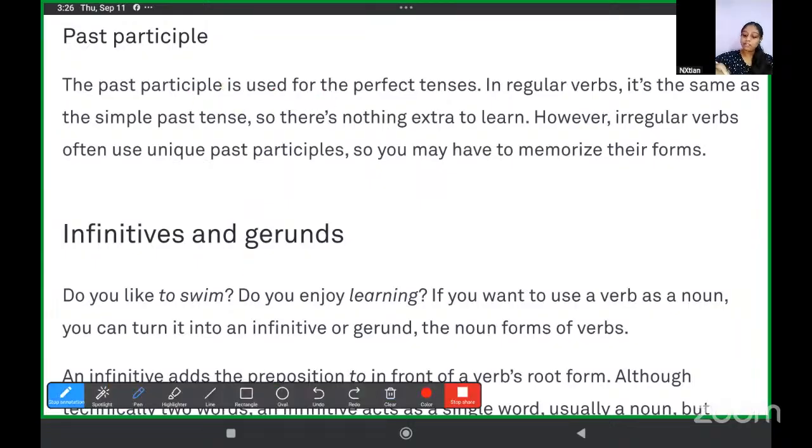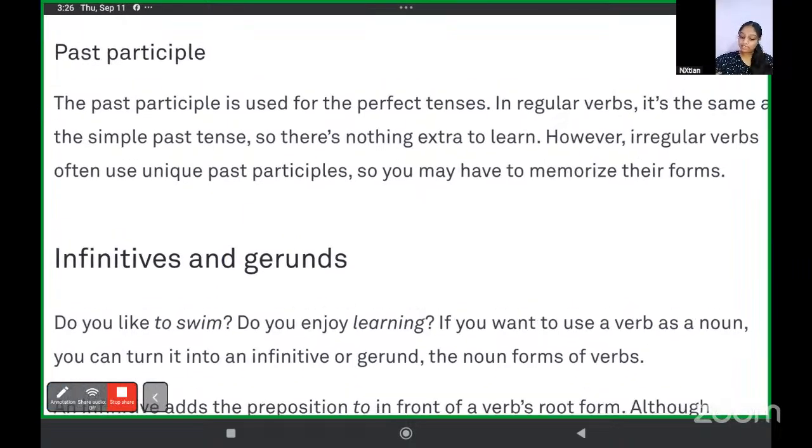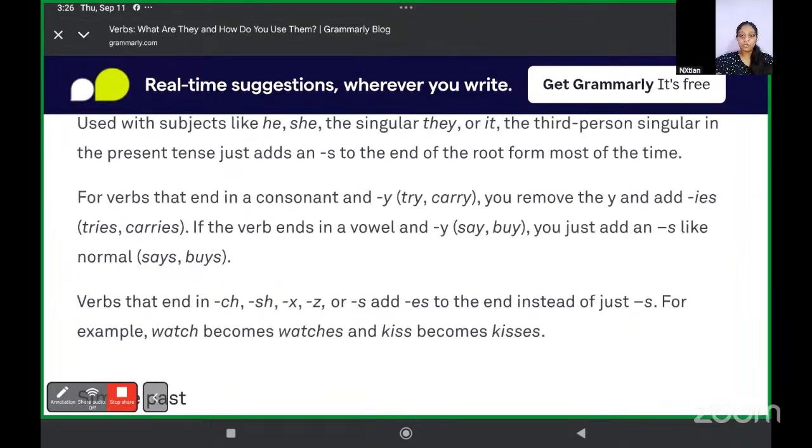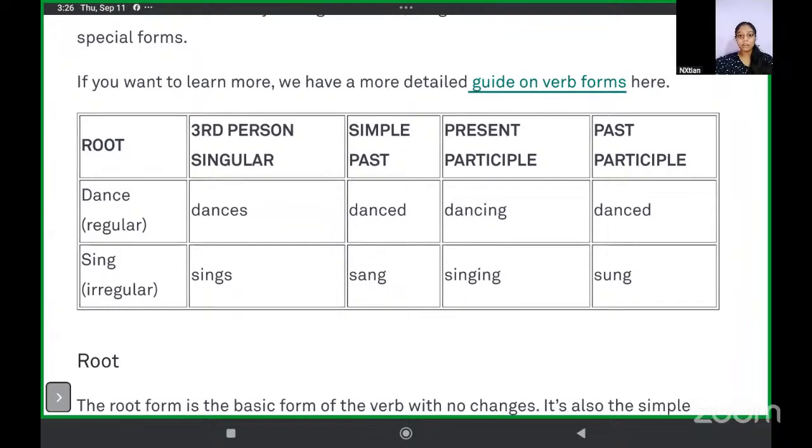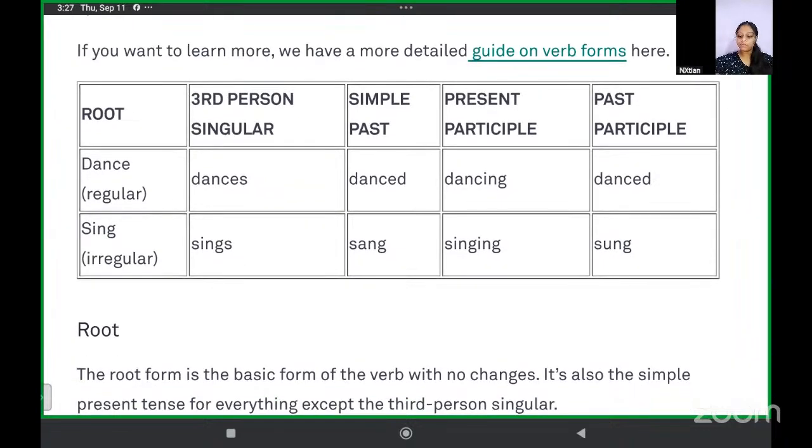I'll give you an example, like the word choose. Choose, chose, and chosen. Past participle form is chosen. Simple past tense is chose. Present participle is choosing. And the fifth form, third person singular, is chooses. Yes, Edric.